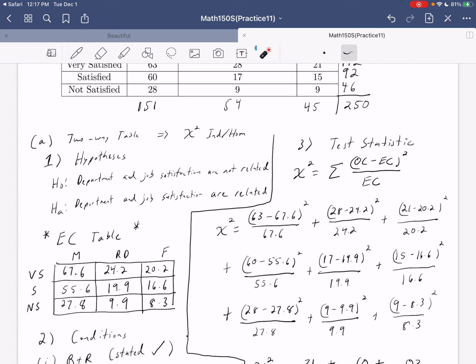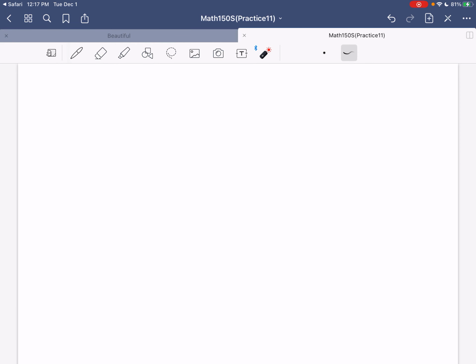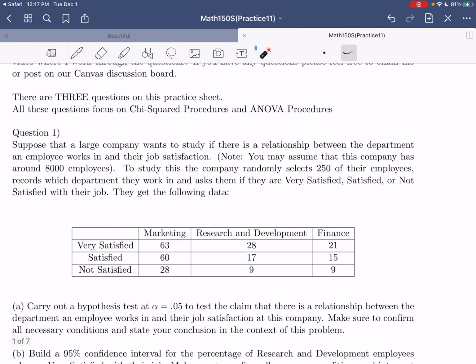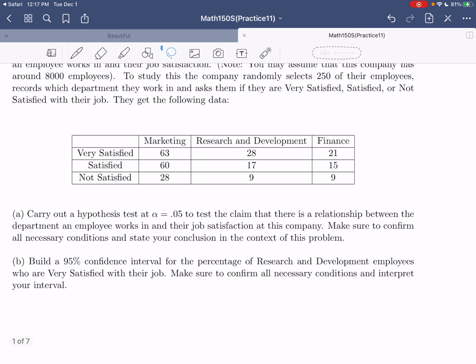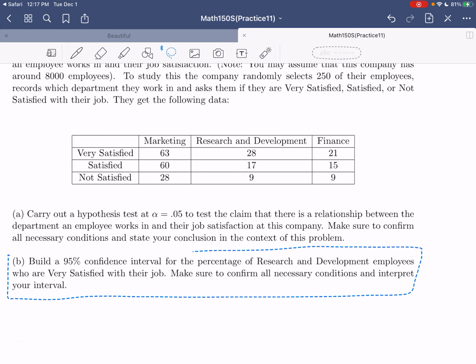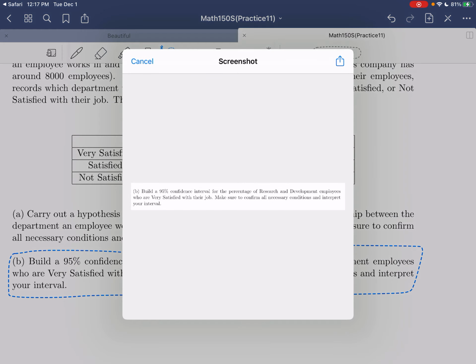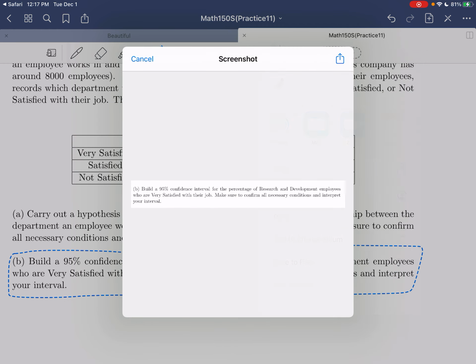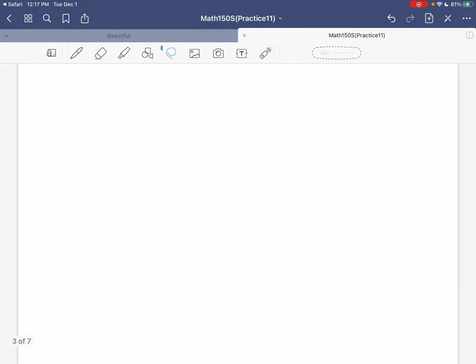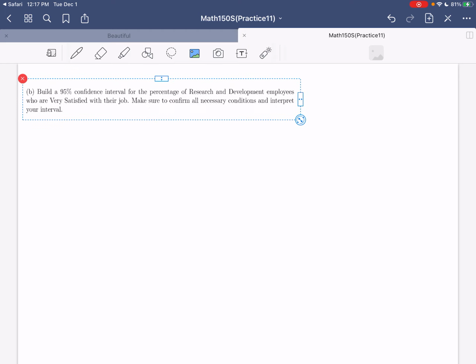All right, we're going to need one more sort of page here. So let's give ourselves one more page, and we'll take a look at part B. So I'm going to just grab the text of part B here so that we know what we're working on. So let's just do that. Okay, so let's go ahead and paste that in.